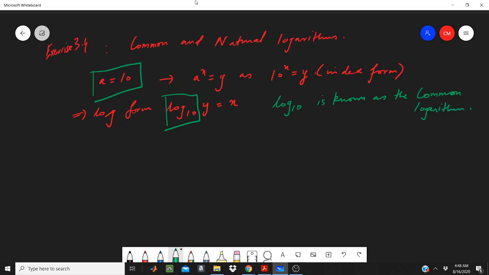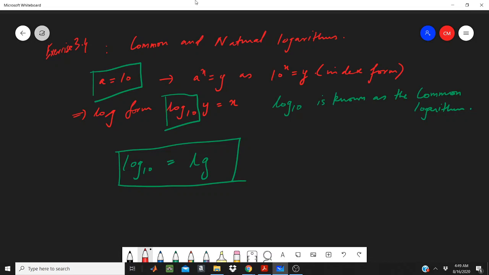And there's a short form for this common logarithm. So log 10 is just written as LG. You don't really need to memorize this now. You'll see it so many times that it'll just stick in your head. So the common logarithm is just log to the base 10.